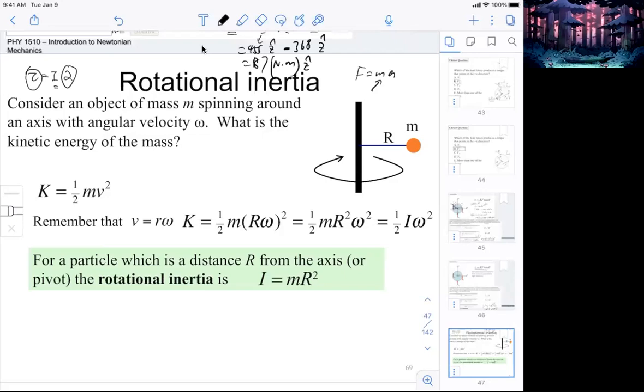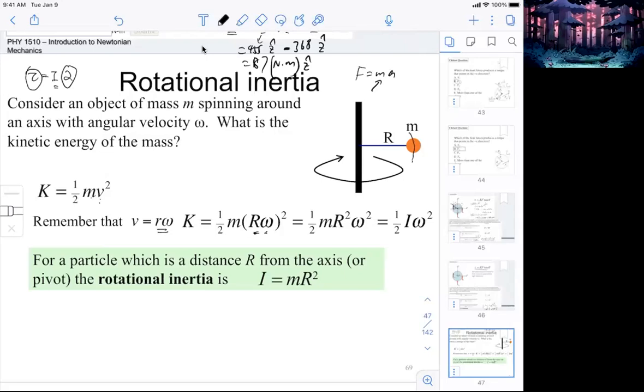The kinetic energy is 1/2 mv squared. We know that from previous knowledge. But in this case, the linear velocity v can be related to angular velocity by the radius r. v is r omega. Still remember that from our previous class? So here I'm going to plug in v using r omega, where r is this radius.